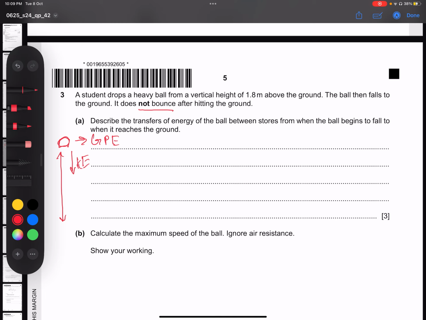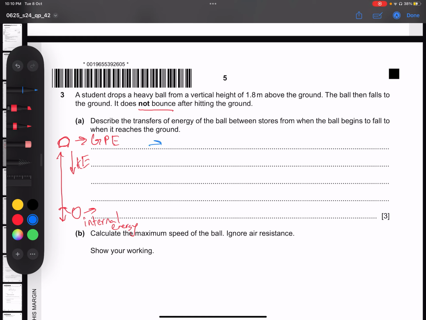So once the ball hits the ground, all the energy somehow dissipates. It gets removed from the system. It moves into the surroundings. This is in the form of internal energy or thermal energy. So the kinetic energy is converted into internal energy.